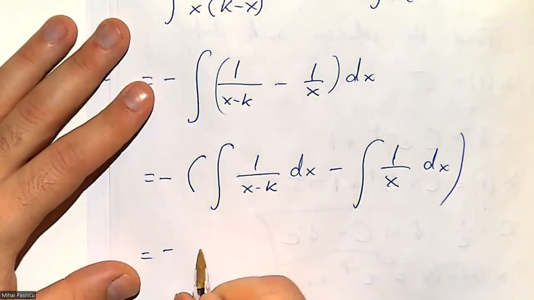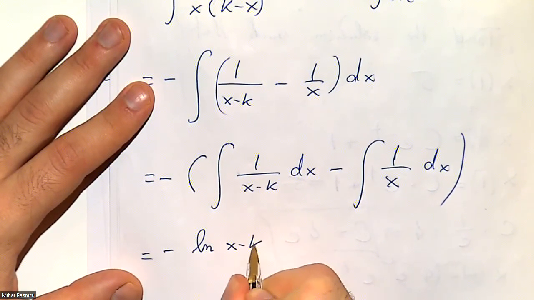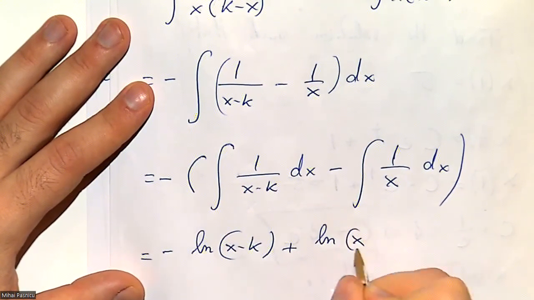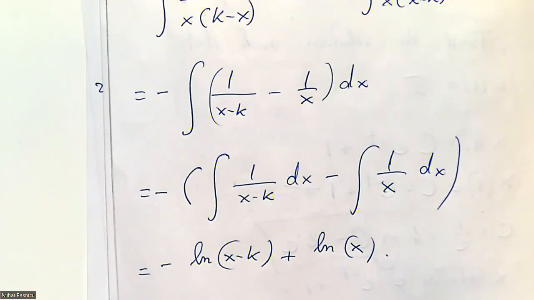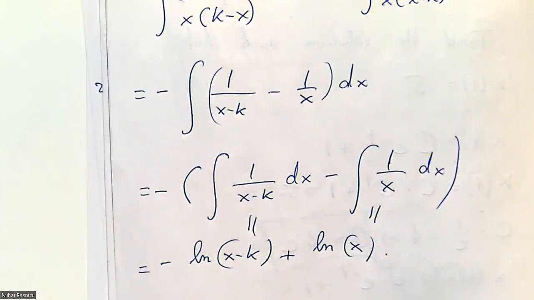This is just minus ln of (x minus k) plus ln of x, right, just these things like that. Okay, any questions on this?